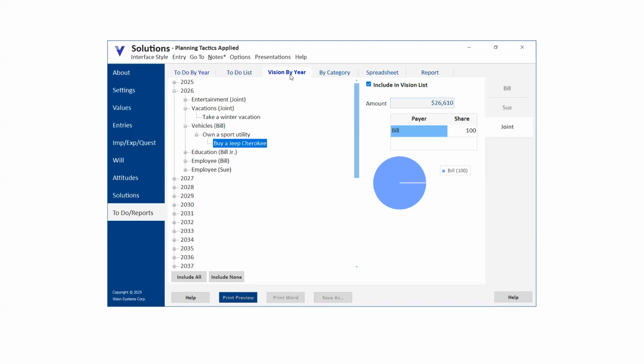I also think that doing vision entries just for the next few years is the appropriate thing to do. Who knows about vision entries 20 years from now? There is a place in the report where you can type in longer-term vision entries if you want to. So, I've included vacations. Sue wants to buy a new vehicle, so I've included that.